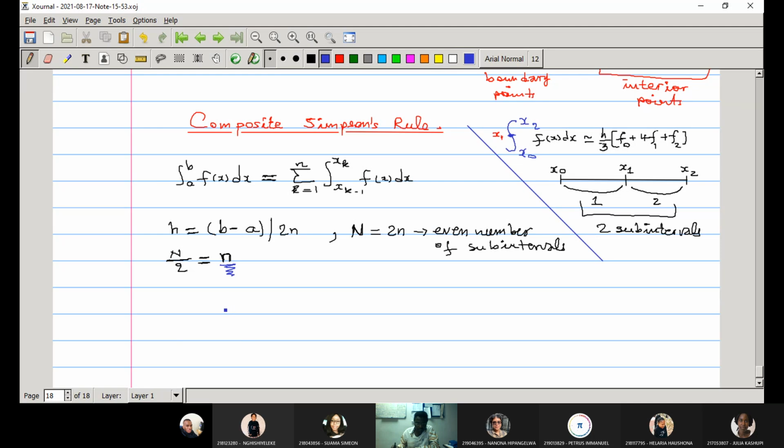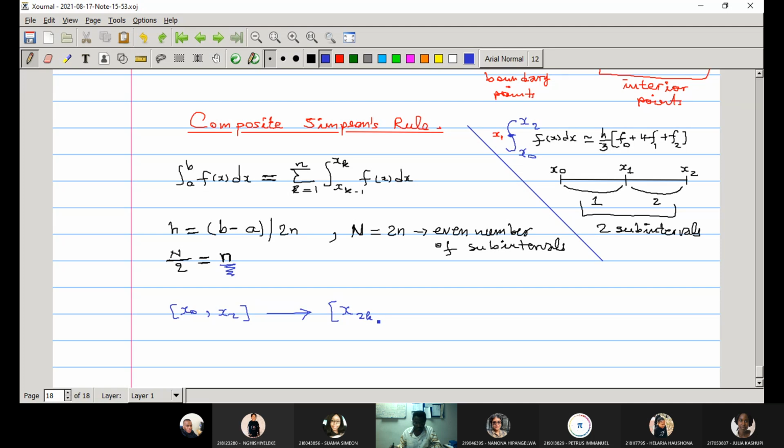So my subinterval x0 up to x2, right, would be transformed to x sub 2k minus 2, right?